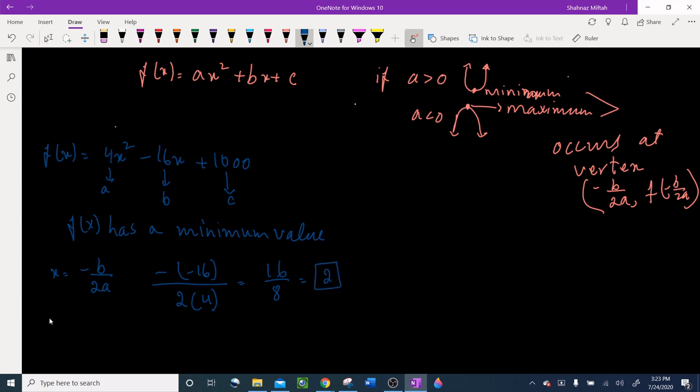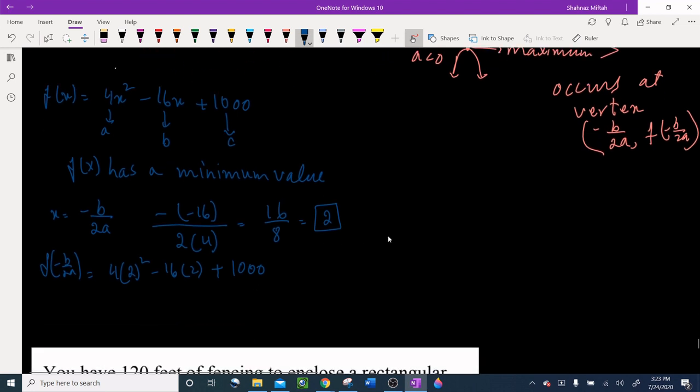How do I get that y value, like f of negative b over 2a? I have to plug this 2 into the original equation. When I plug in that 2, it's 4 times 2 squared minus 16 times 2 plus 1000. When I plug all of that into the calculator, I got 984. So what is my minimum value? 984 at x equals 2.